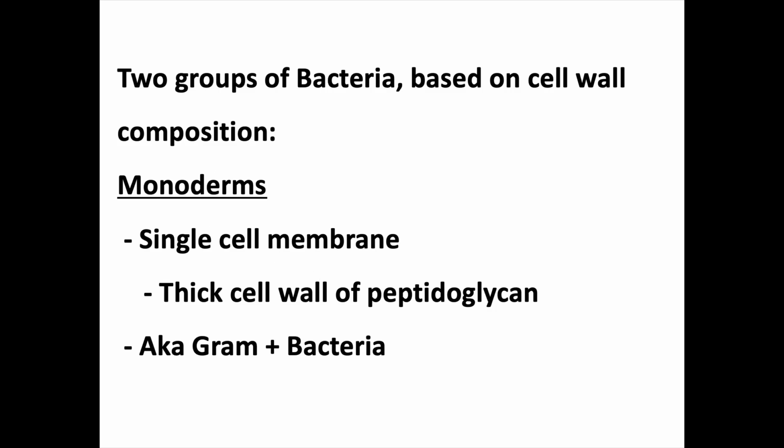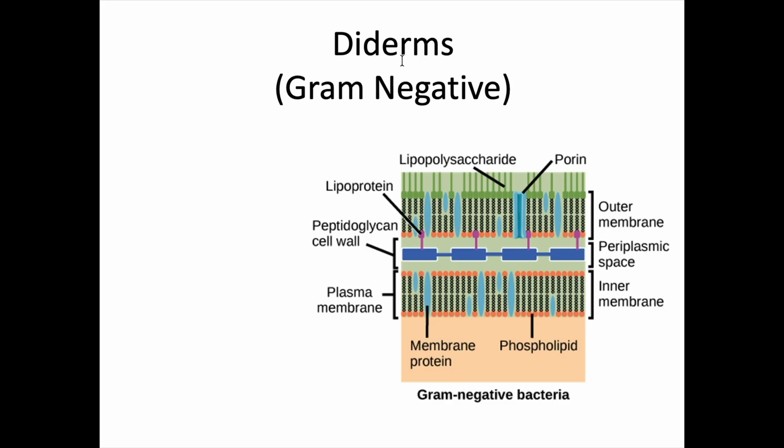In contrast, the other group is called diderms, also known as gram-negative bacteria. Again, it's a staining procedure thing. Di means 2, and derm still means skin. Diderms, therefore, have 2 skins because they have cytoplasm, plasma membrane number 1, thin peptidoglycan cell wall, plasma membrane number 2.